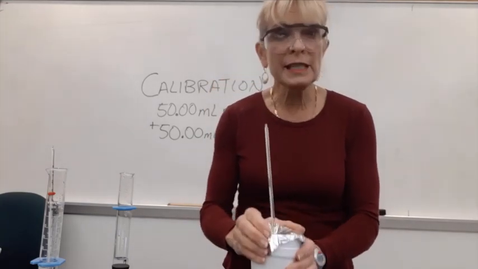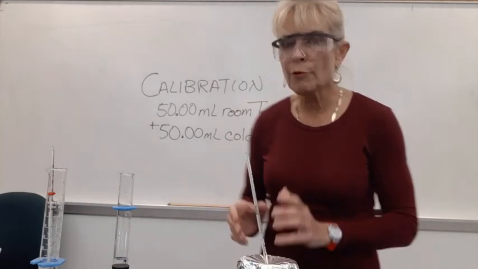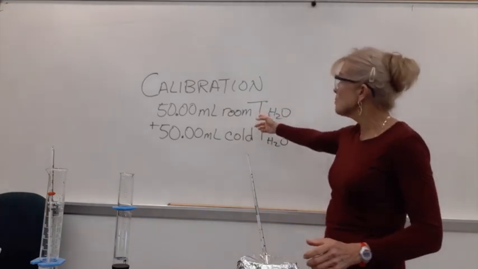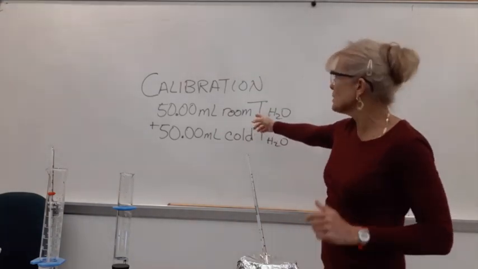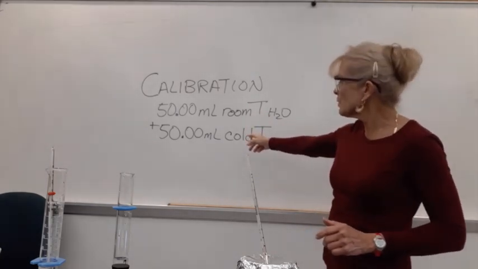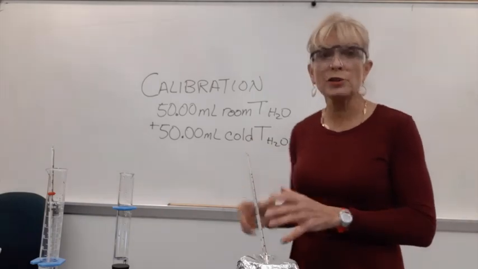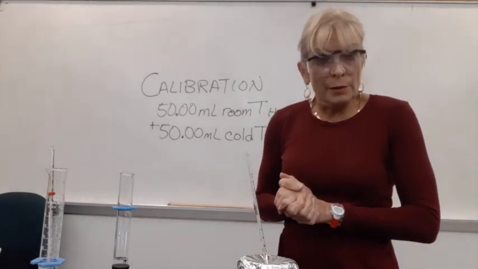We actually need 2 thermometers because for the calibration, we're going to be mixing 50.00 milliliters of room temperature water with 50.00 milliliters of water that we have just poured off of ice. The 2 will mix.